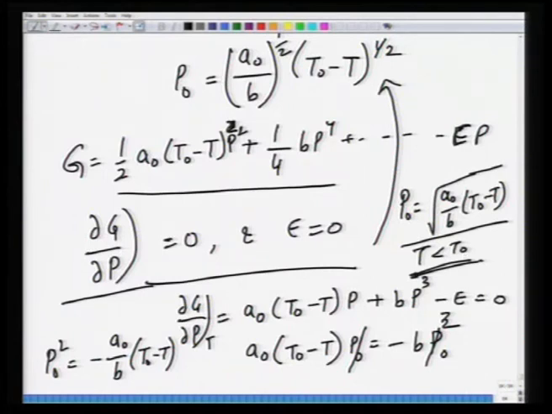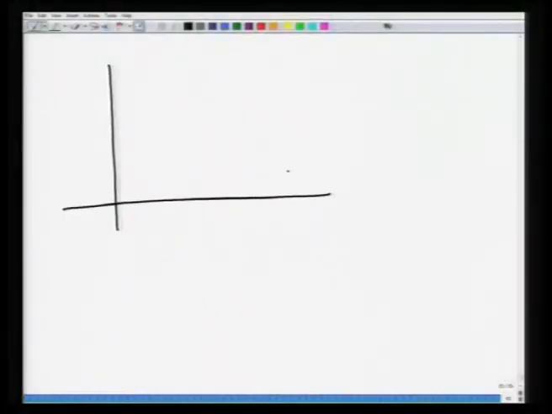So, the P naught, the polarization at 0 field for the second order transition, is given as root of A naught divided by B multiplied by T naught minus T, and this of course shows you that when you plot the polarization as a function of temperature, you start with T naught, and this goes to 0 at T is equal to T naught.